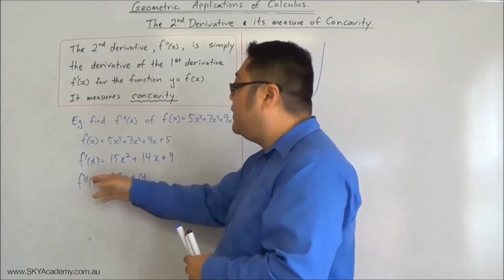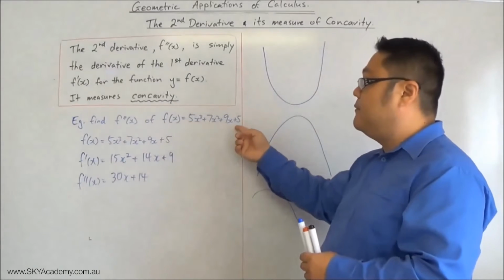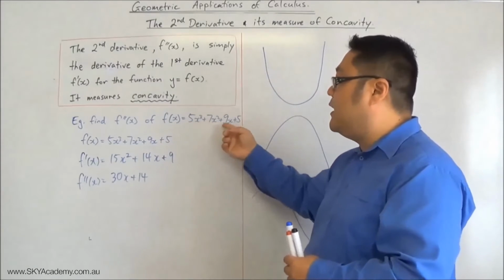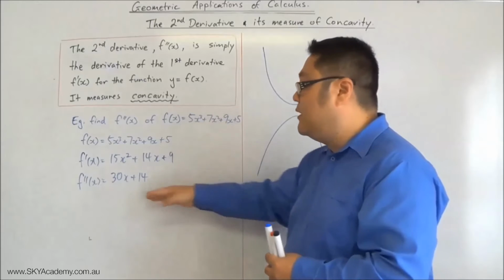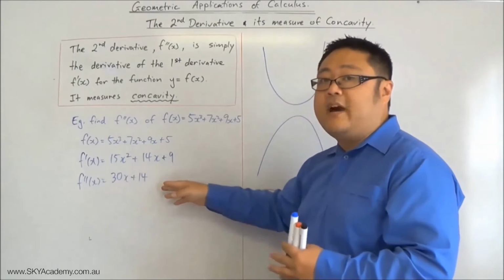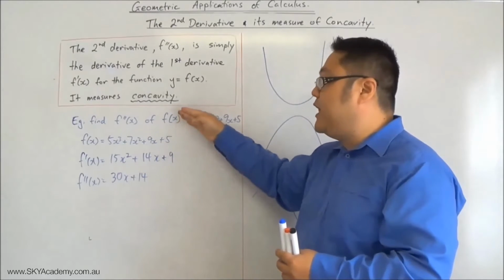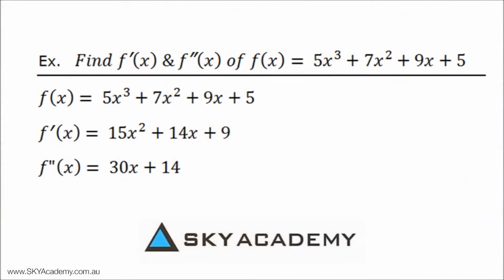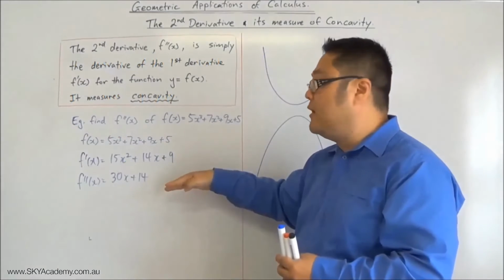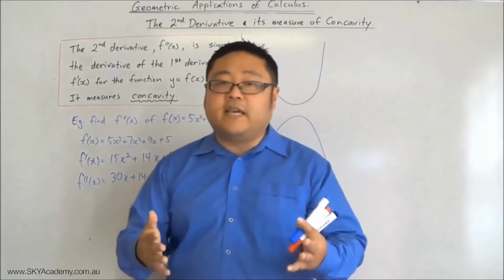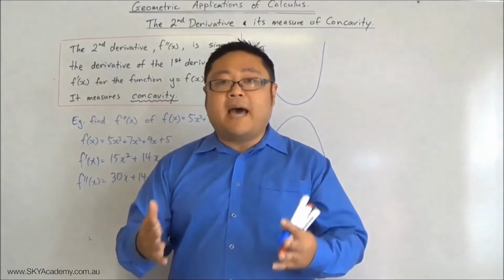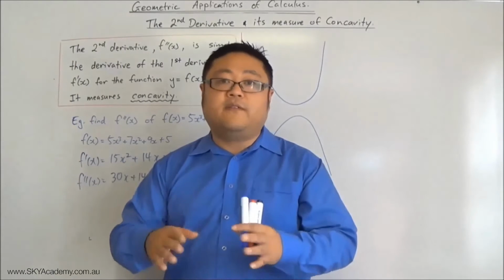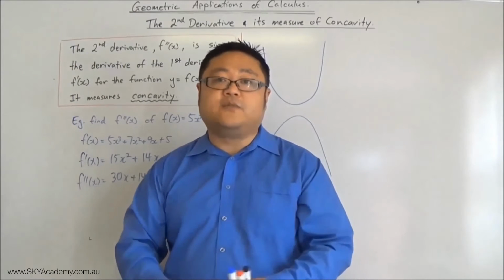So the second derivative of this function is 30x plus 14. We got that by differentiating once and then twice. Simply finding the second derivative is a matter of differentiating twice.